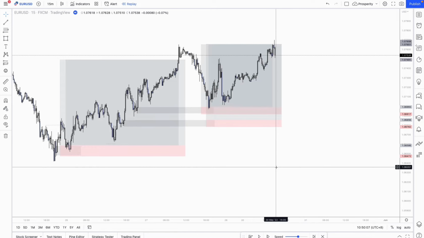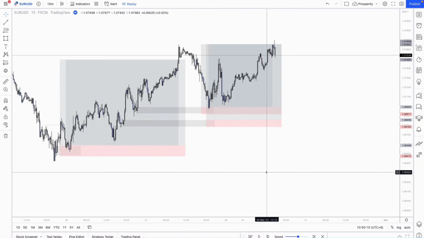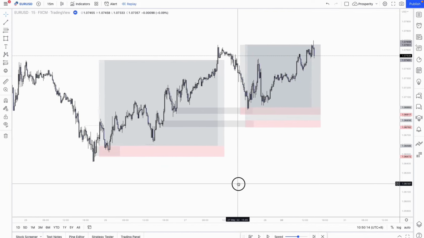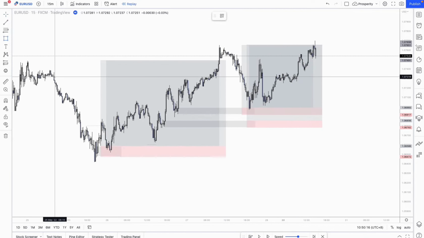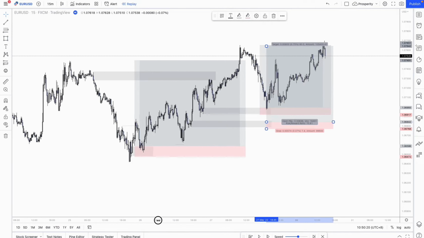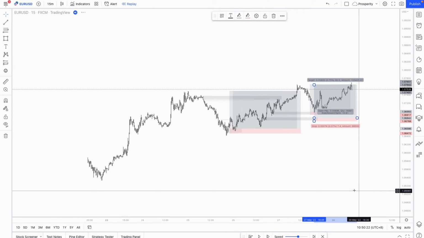Now, what makes a good zone? That is the key question. There is no point trading random levels of supply when the order flow is bullish.